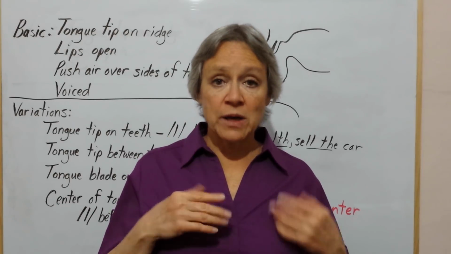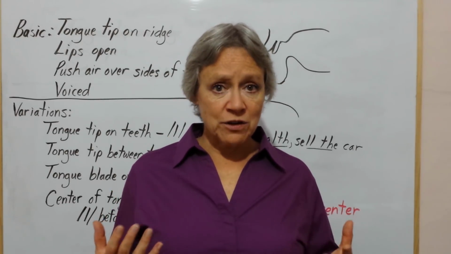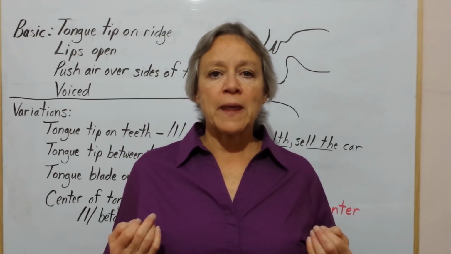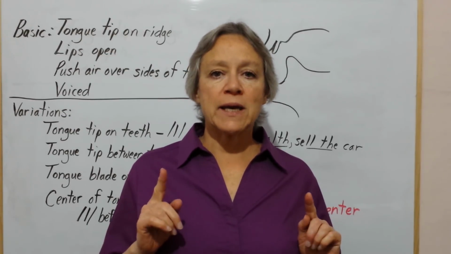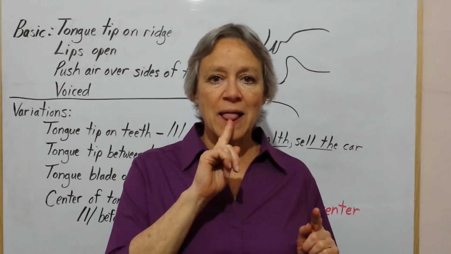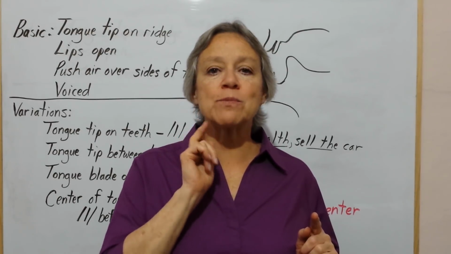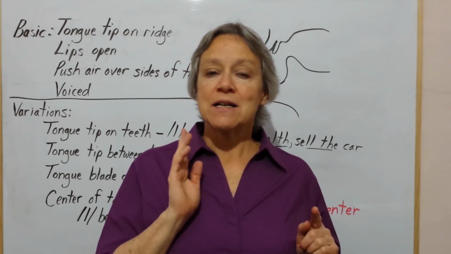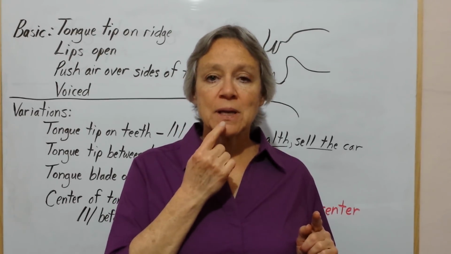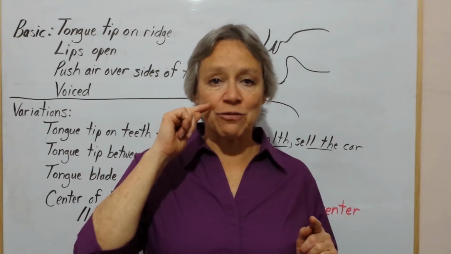That is the most common way, the most basic way, but there are many variations in making this sound. At times, we can put our tongue tip against our teeth, not against the ridge, but against the teeth. Sometimes we put the tongue tip between the teeth and the ridge.